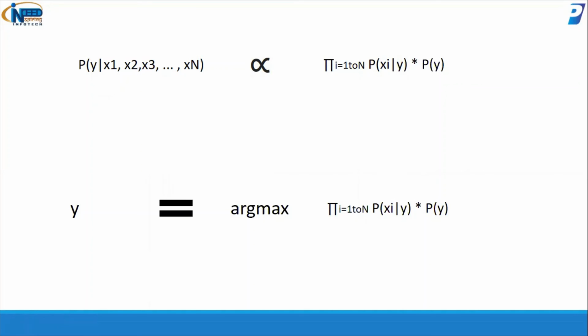So the output y is equal to argmax. The maximum value we get from this expression will be the output.